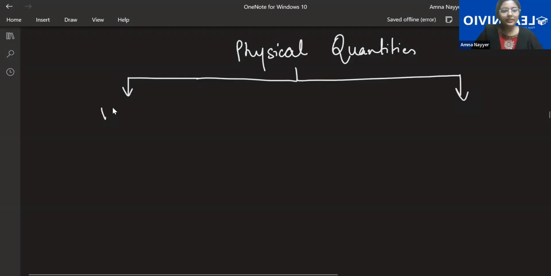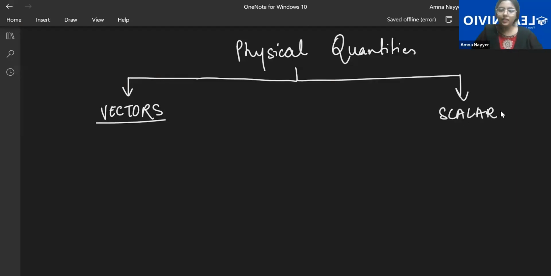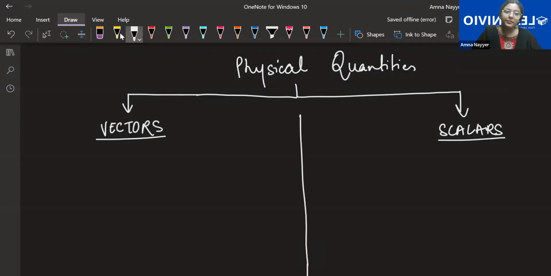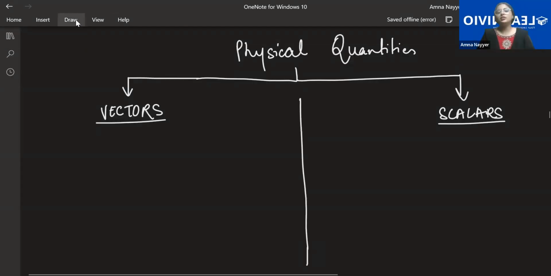One of the quantities is known as vectors. The other group is known as scalars. So you have vectors and scalars. Understand what's the difference between them, then we'll focus solely on this chapter, that is vectors.